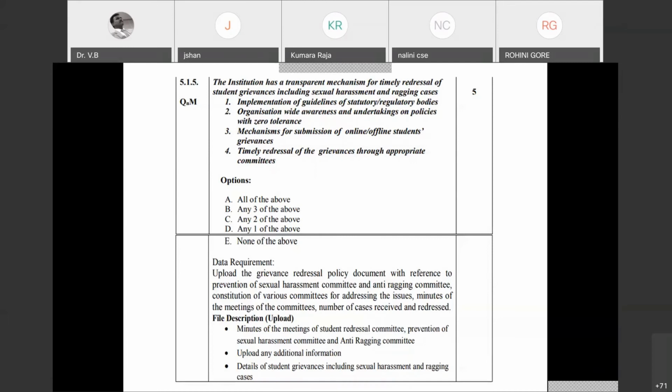And then once a grievance is received, what was the action taken on that? That should also be included. Or you can say, well, I have a grievance redressal mechanism, but fortunately, there has not been any complaint. You can also say that, if that is the case.